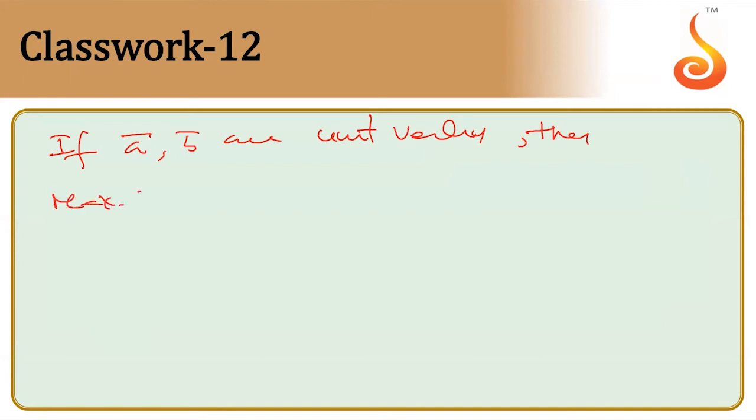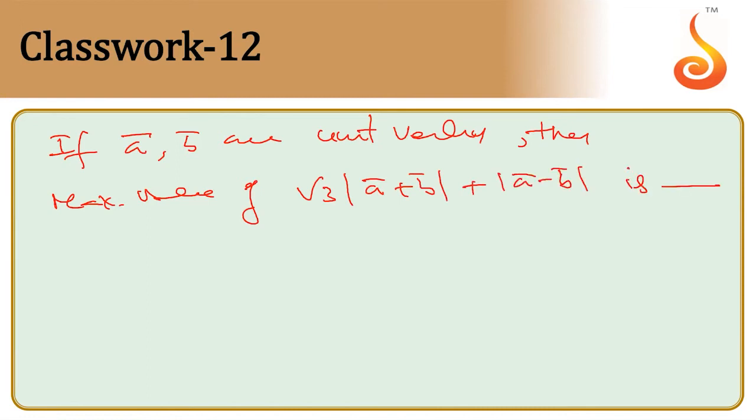This is a question which I asked in 2020, one of the shifts they are asking. It is an integer type, numerical value question. A and B are unit vectors. The maximum value of root 3 modulus of A plus B plus modulus of A minus B, they are asking. How to solve this question? A and B are unit vectors, so I told one formula for unit vectors.